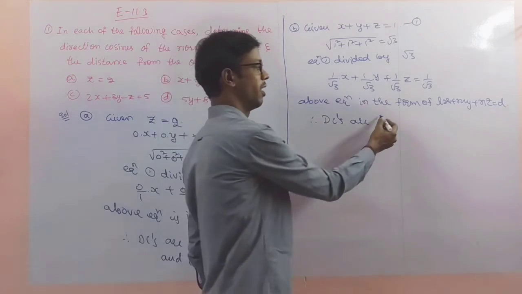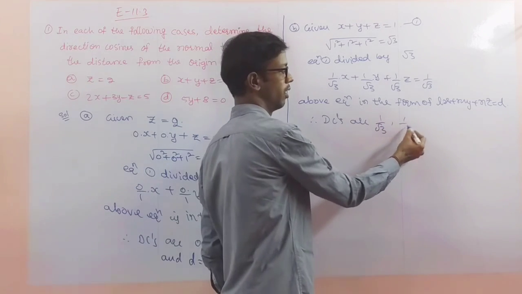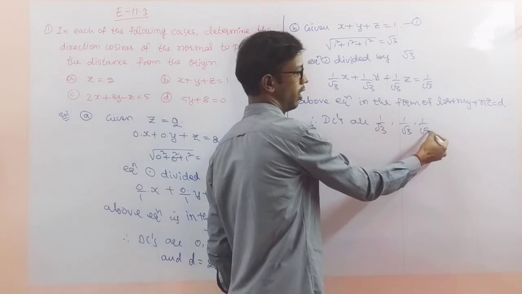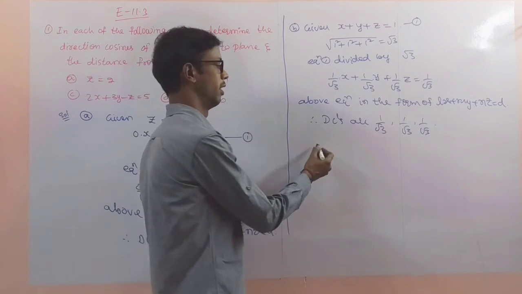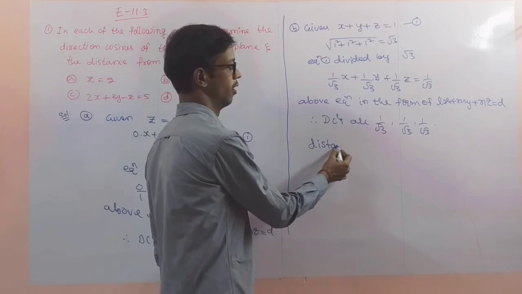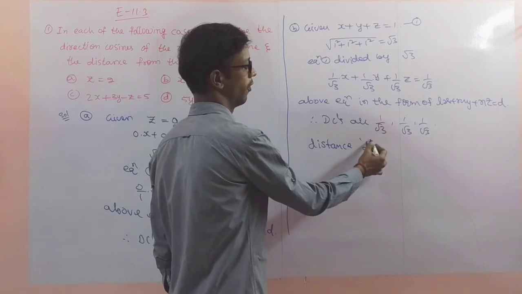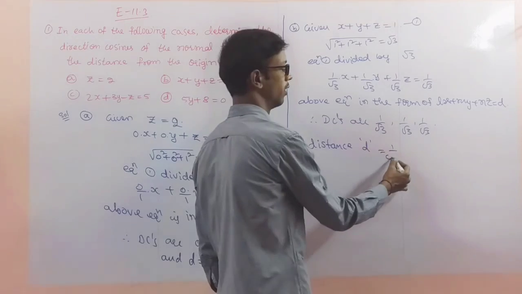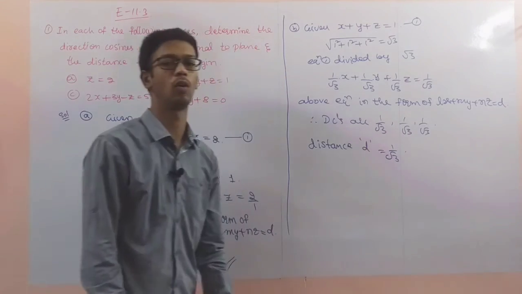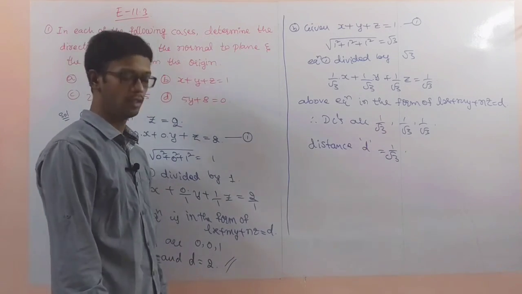So here 1 by root 3, 1 by root 3, 1 by root 3 are the direction cosines. Now the distance d from the origin is 1 by root 3. So this is the way of finding.